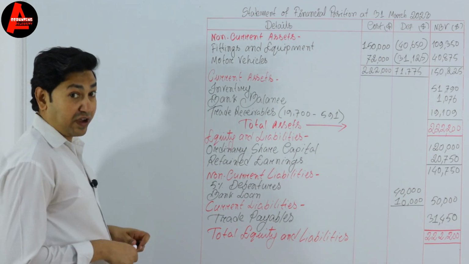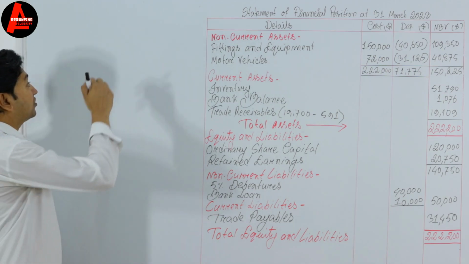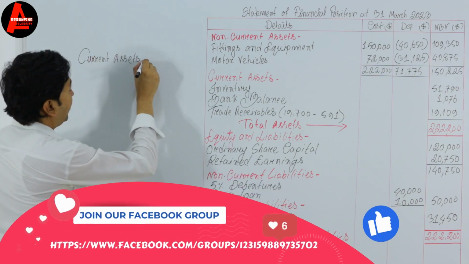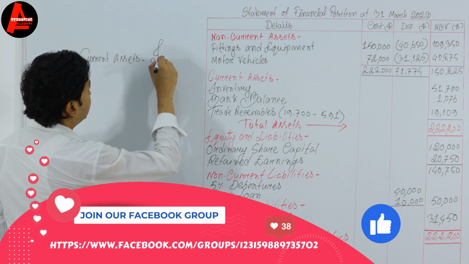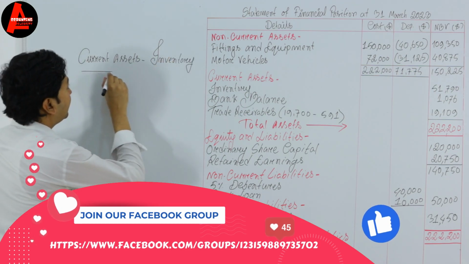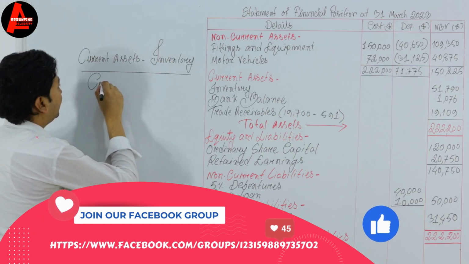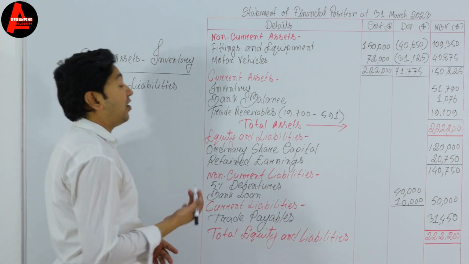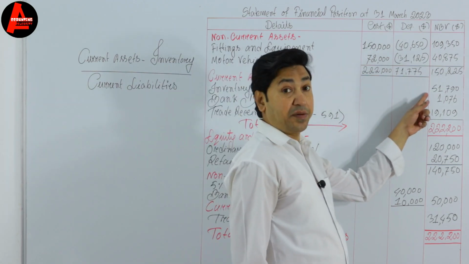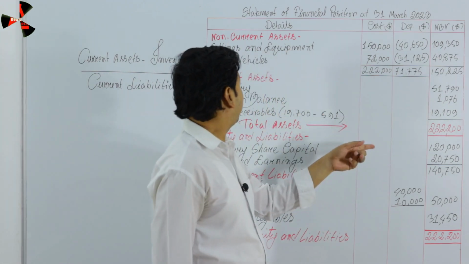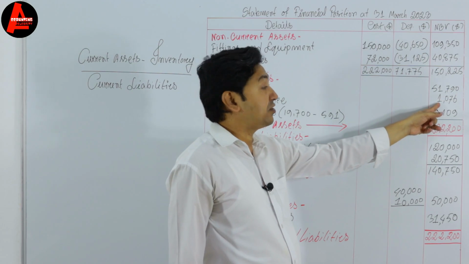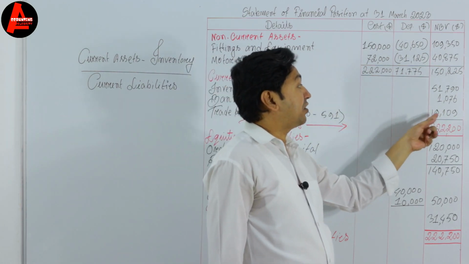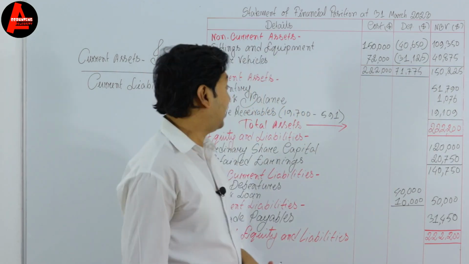So let us write the formula first. Current asset minus inventory divided by current liabilities. So here our current assets: $51,790, which is inventory, plus bank balance 1,076, plus trade receivables $19,109.